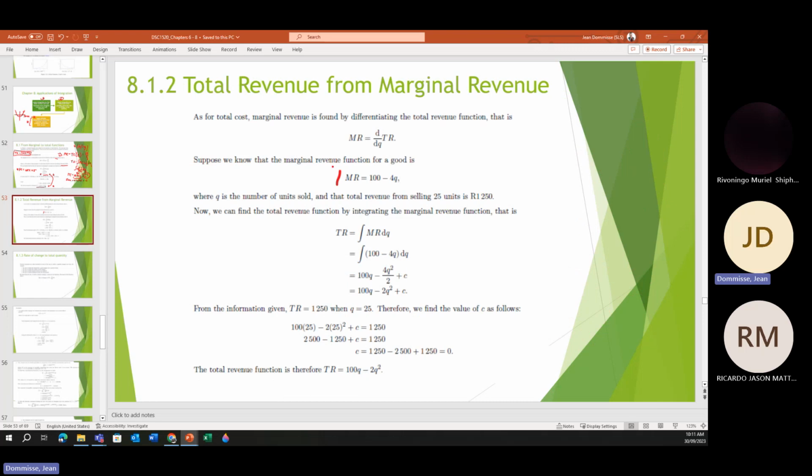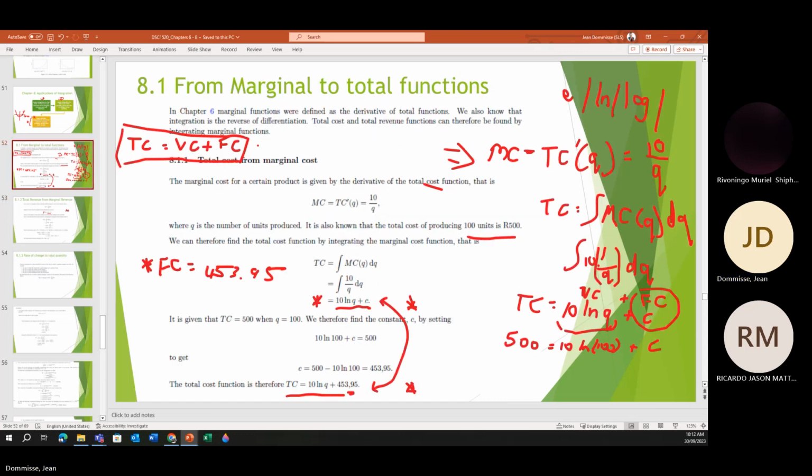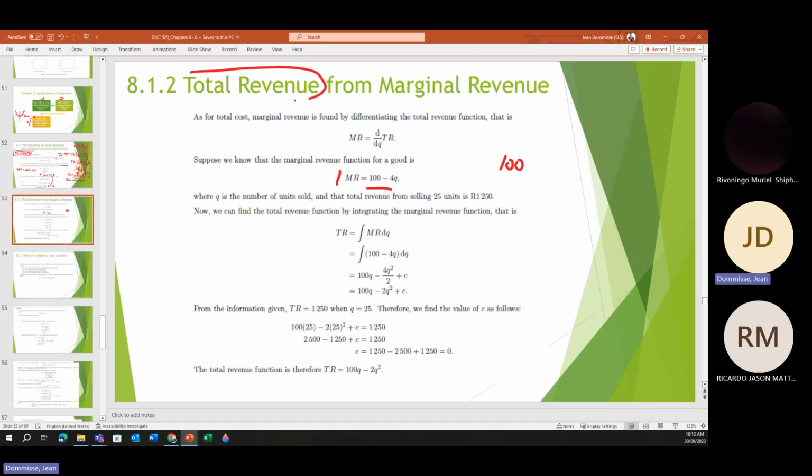If you now look at one where we just have this, again, this one is much simpler to evaluate or to put back into a total revenue function. So again, things that you will see here, we did total cost. Here we're doing total revenue, but it's the same principle that you will follow.